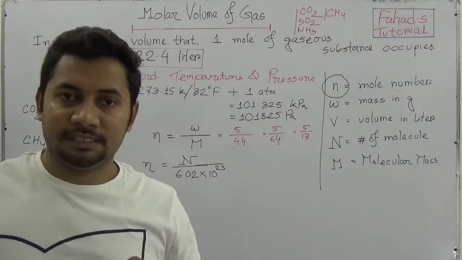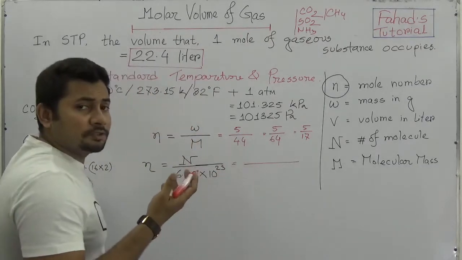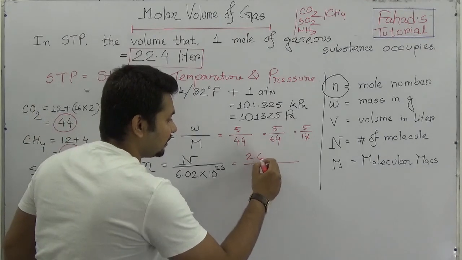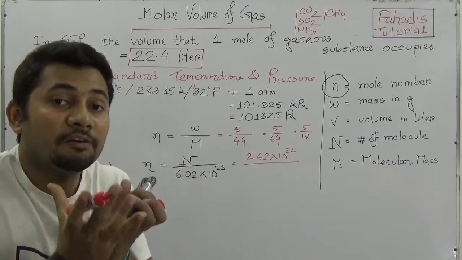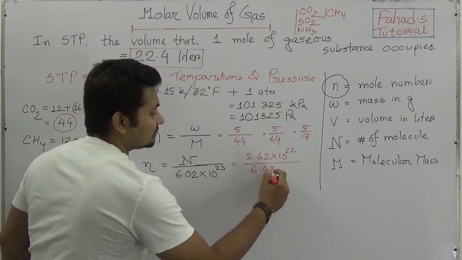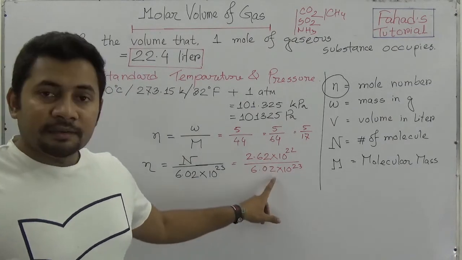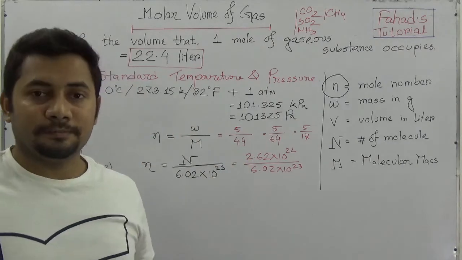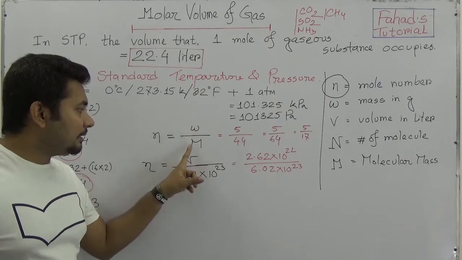So if this is the question, then that amount of molecules is how much mole of carbon dioxide? It is 2.62 times 10 to the power 22 upon 6.02 times 10 to the power 23. If you divide the number, you will have the mole of carbon dioxide in this amount of molecules. So I think you understand that number upon number, mass upon mass.